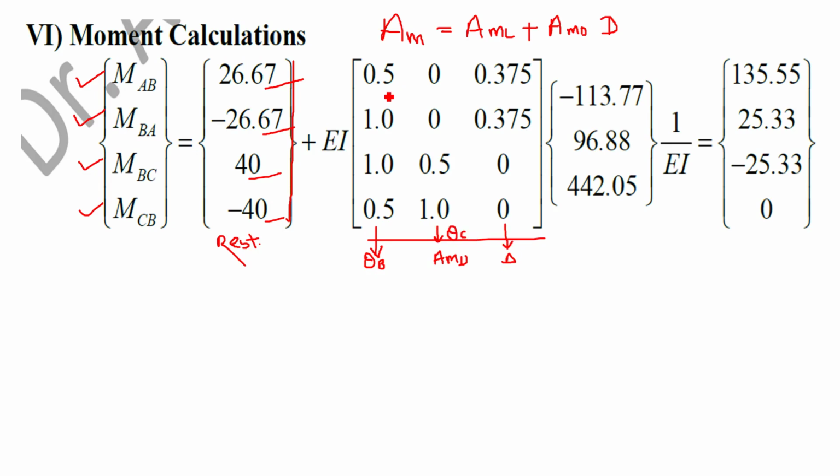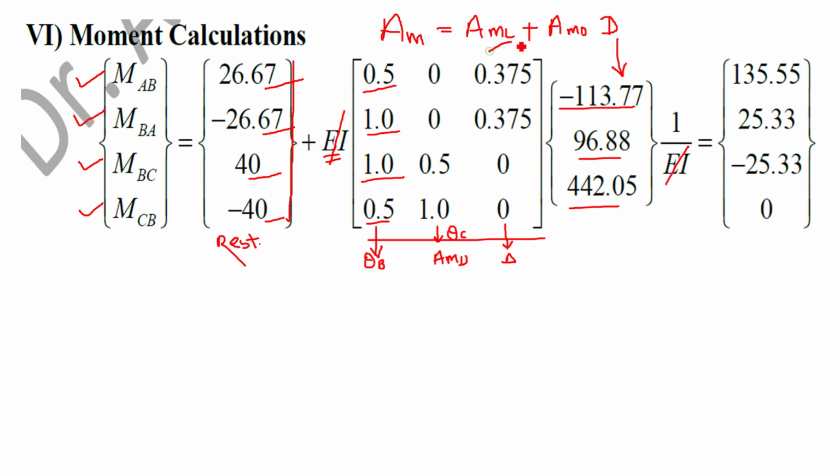These are the values of MAB, MBA, MBC, MCB in all 3 figures. D stands for the vector of unknowns which we have determined now, the values of theta B, theta C, and delta, with 1 upon EI outside. In the AMD matrix also all moments are in terms of EI, so EI is taken outside, and this EI and this EI will get cancelled.